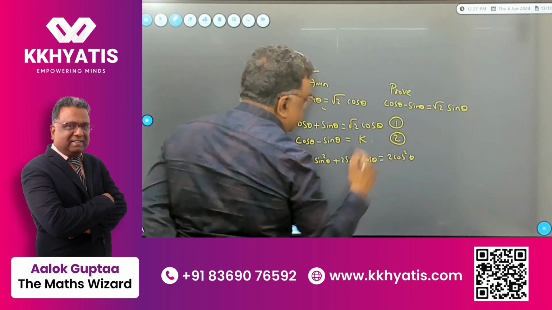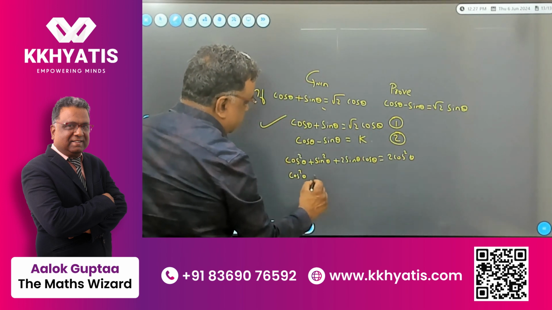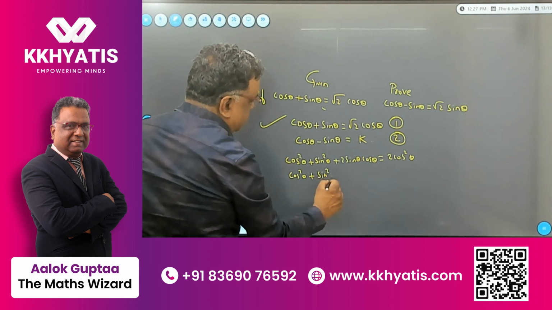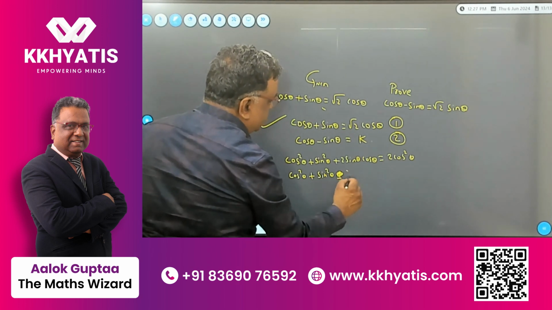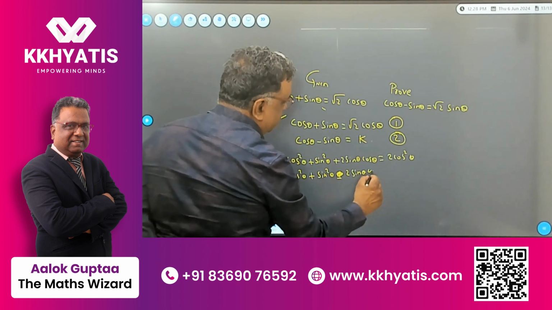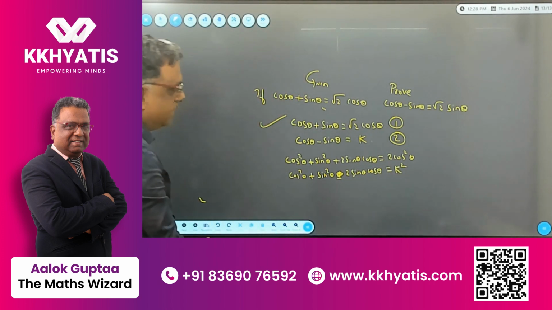No? This also I have to square. If I square it, it will be cos square theta plus sin square theta minus 2 sin theta cos theta equals to k square. Okay, this became like this.